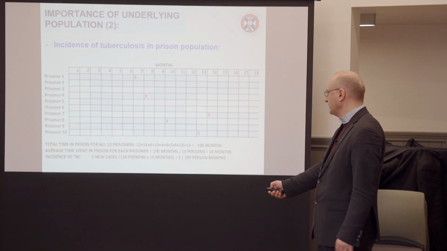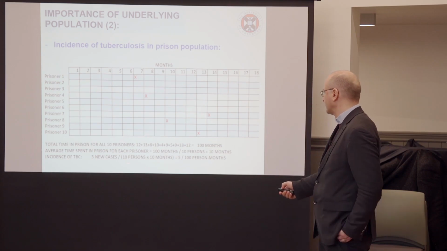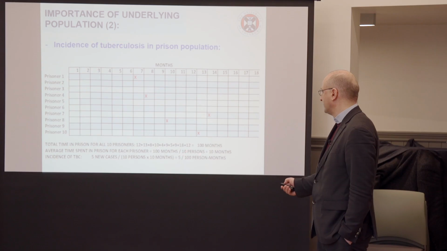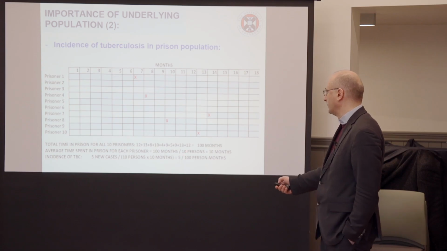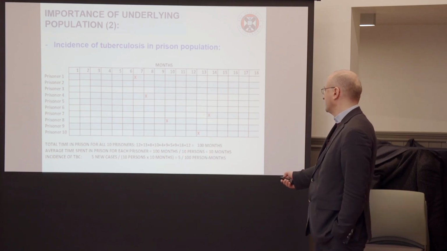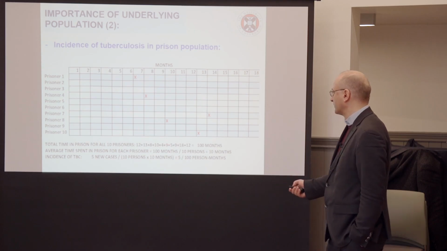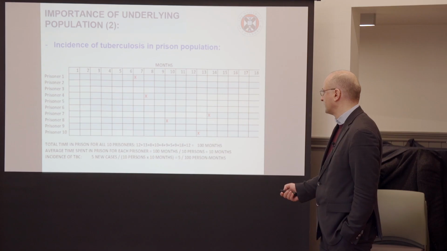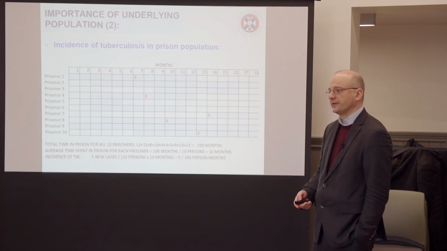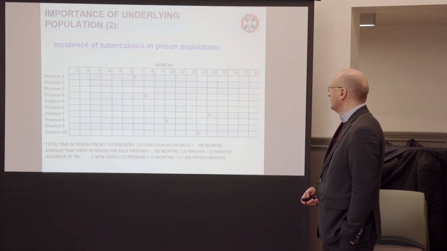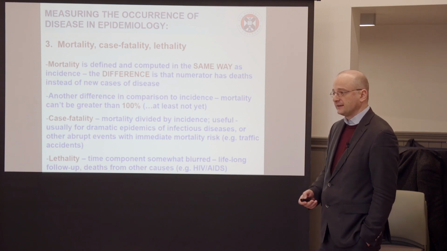And then you have 5 new cases versus 10 persons times 10 months because average time spent in prison for each prisoner was actually 100 months all total per 10 persons. So basically you had the incidence of 5 person months. All right. So that's that.